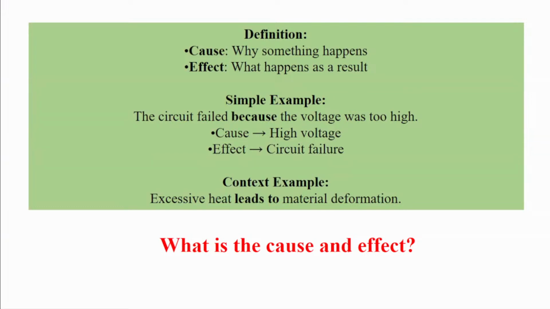High voltage. It was the reason for the circuit failure, right? So why does something happen? Why does the circuit failure happen? Because the voltage is high. So high voltage. Then what happens as a result? What has happened due to the high voltage? The circuit has failed. So that is how you question the cause and effect.